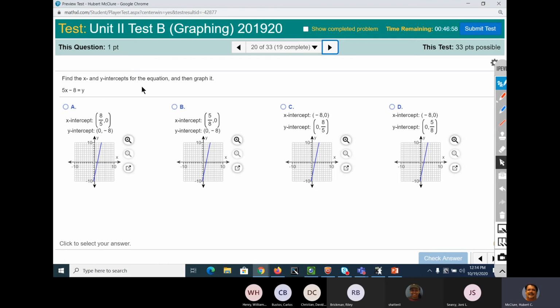Y-intercept, 0 for x. Y is equal to 5x minus 8. 0 is equal to 5x minus 8. 8 is equal to 5x divided by 5. X is equal to 8/5.